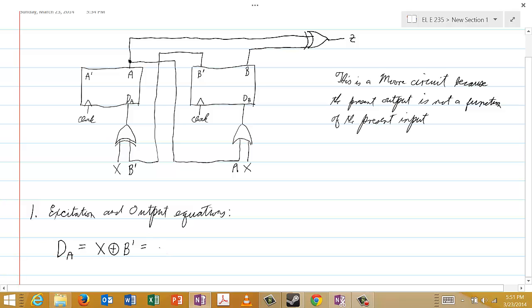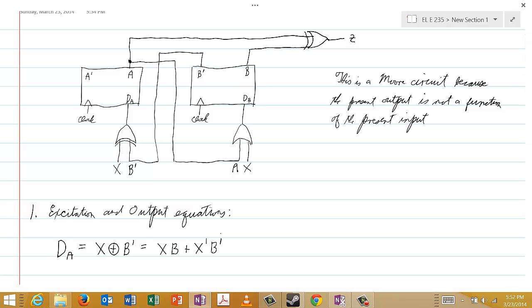That means X ANDed with the complement of B prime, which of course in this case will be just B, and that gets ORed with X prime ANDed with B prime. So that's one of our excitation equations. D sub A is equal to XB or X prime B prime.